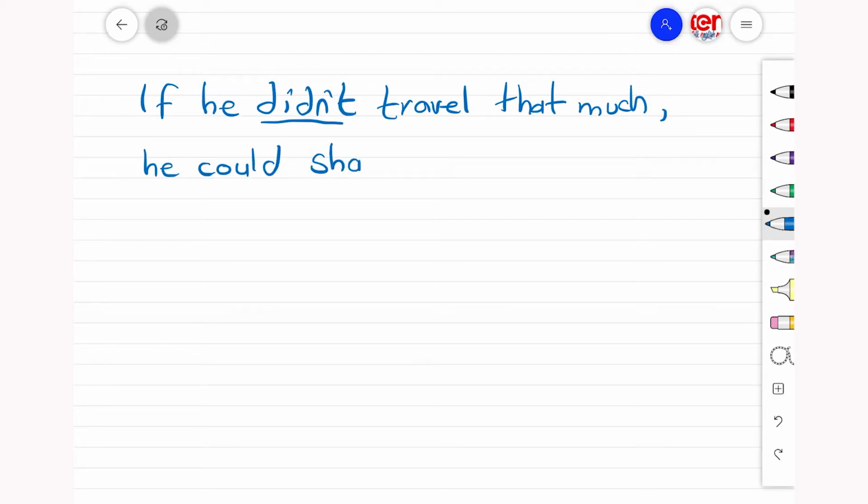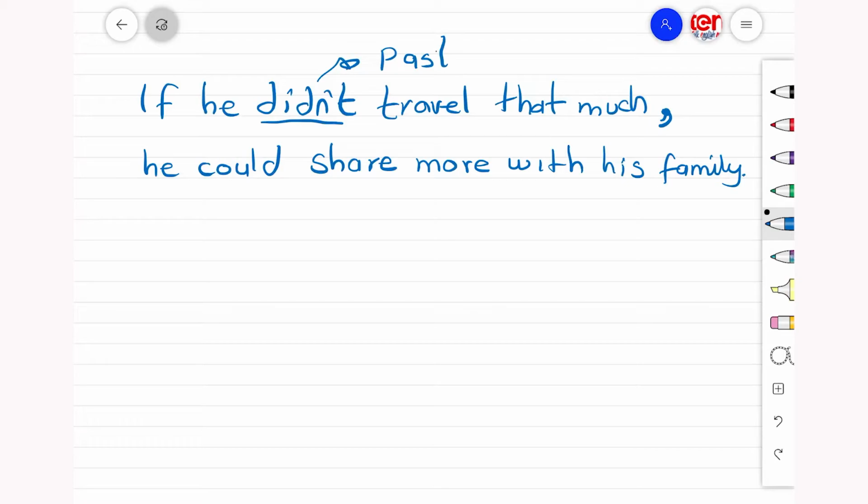He could share more with his family. This is the second part. The first part is in past, and in the second part we use could. This is one of the modal verbs for the conditional 2.